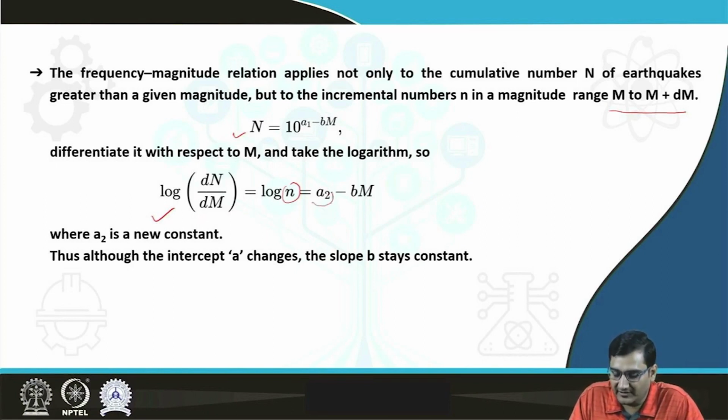This a1 is a different constant, or you can say a new constant, and the slope stays constant, that is b. So you can see for the incremental magnitude and for the cumulative number of events, the slope will be b, but the constant a will change. The intercept will change.